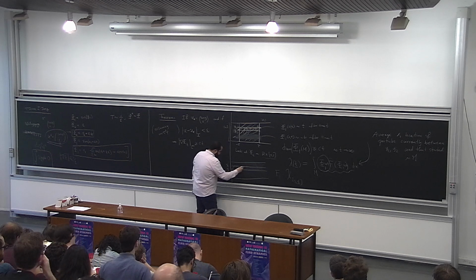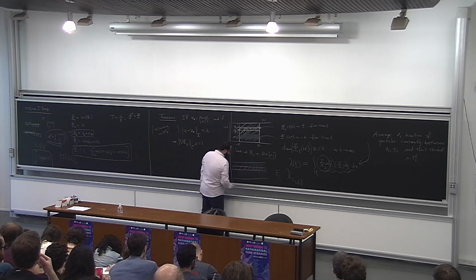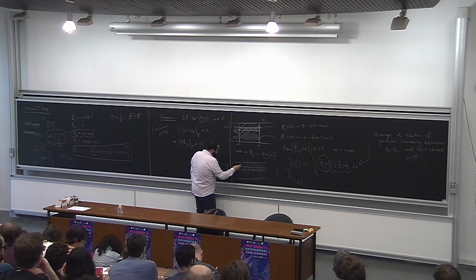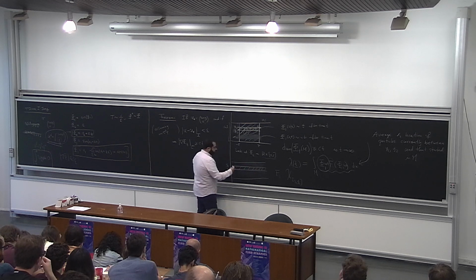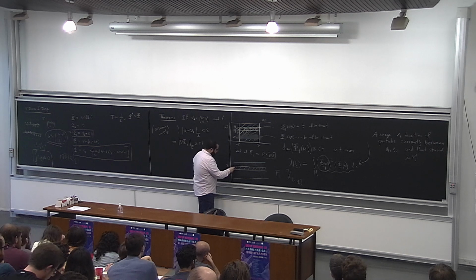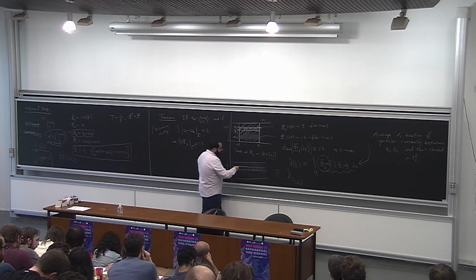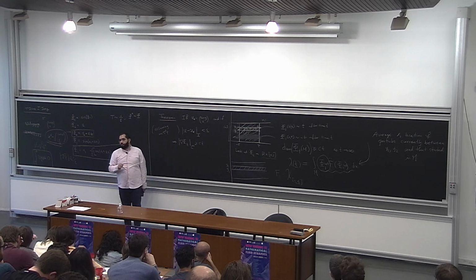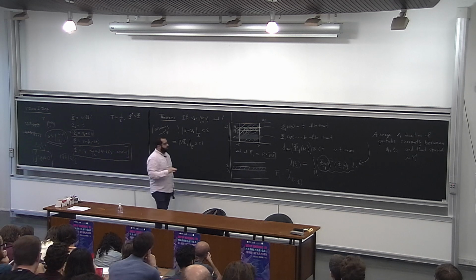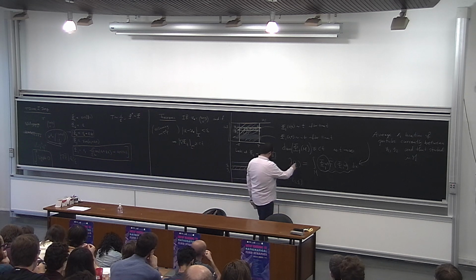And I look at the evolution of the particles that were between minus pi and pi at time t. And I ask, on average, where are they located in this strip? Does that make sense for everybody? Is it clear? That's what this integral is.